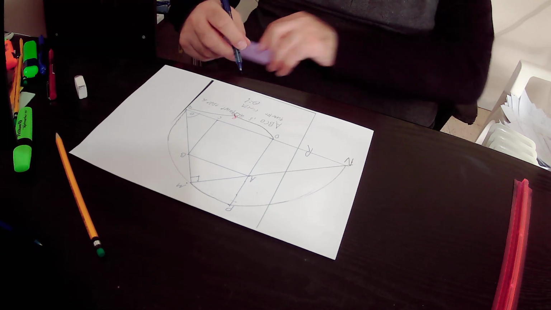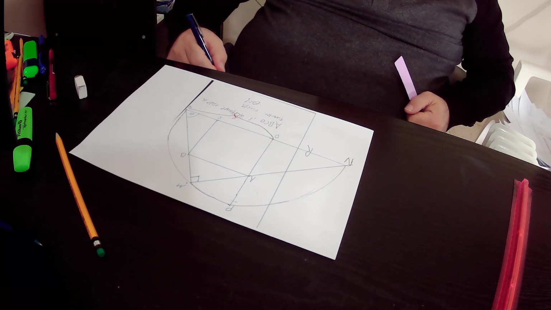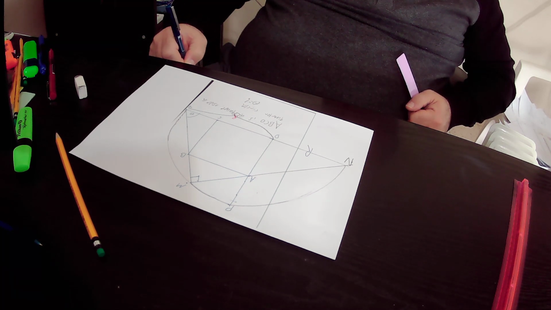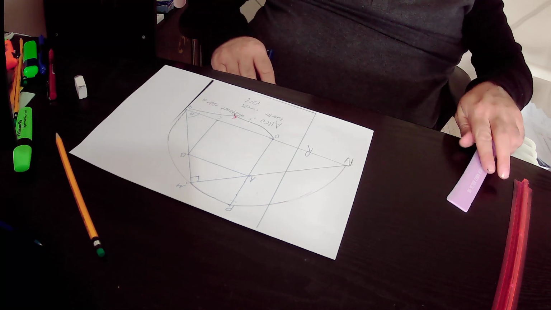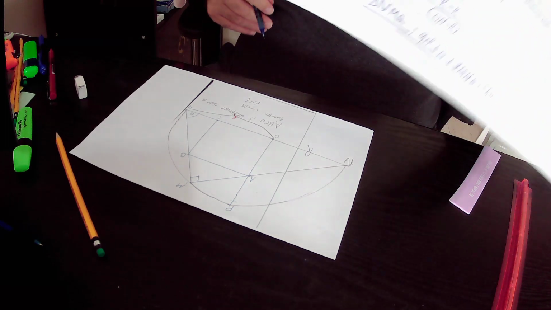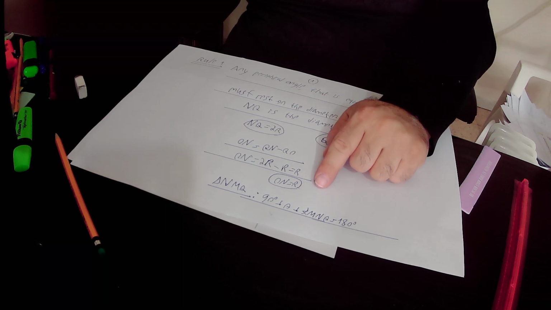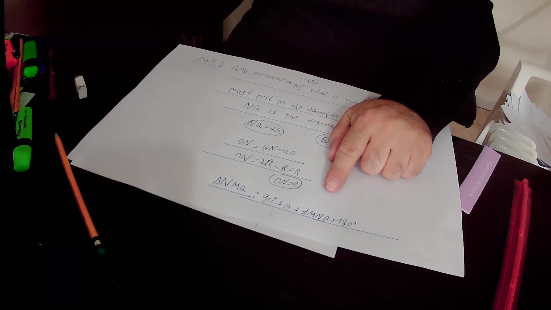And we have this angle, angle MNQ. The sum of those angles must be equal to 180 degrees, according to the rule that the sum of the angles in any triangle is equal to 180 degrees.